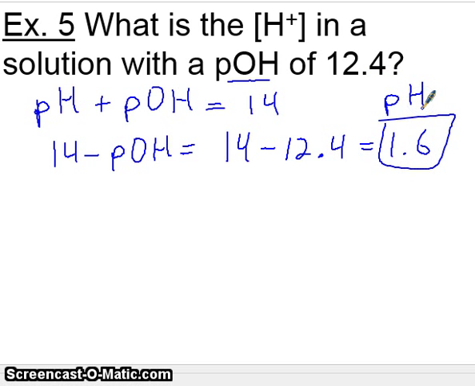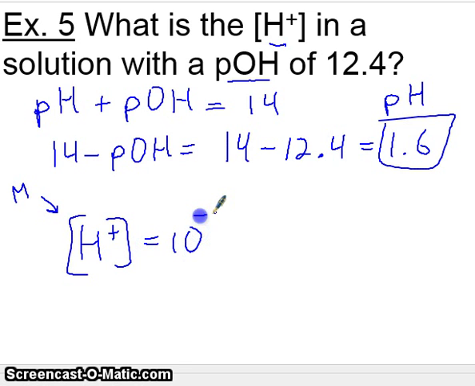And if we want to know the H plus concentration, remember brackets mean molarity, it is 10 to the negative pH, which is 1.6. Go ahead and put this in your calculator. You may have to find a button that does 10 to the power, or if you have a y to the x button or an x to the y button, try that.